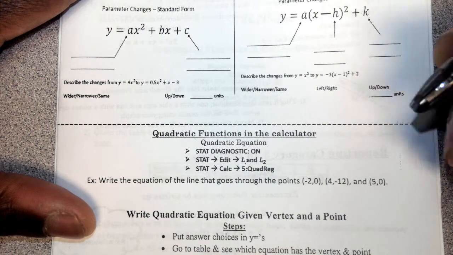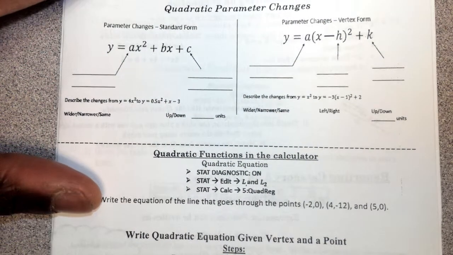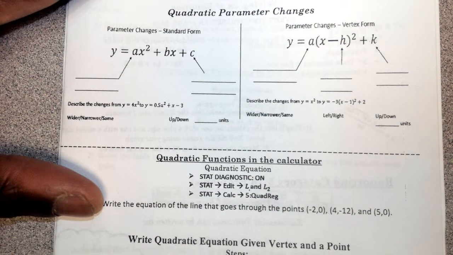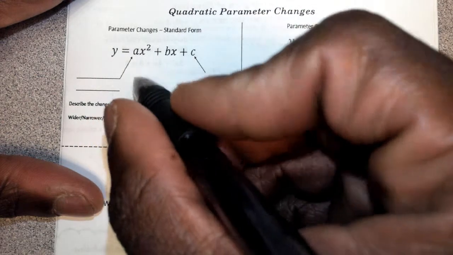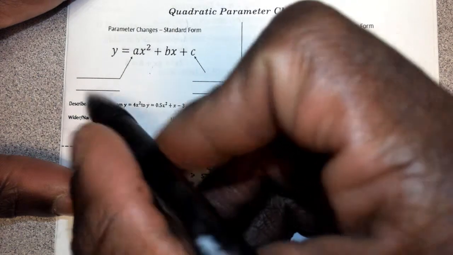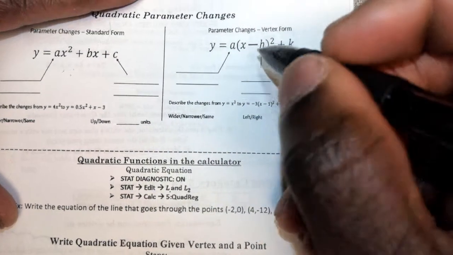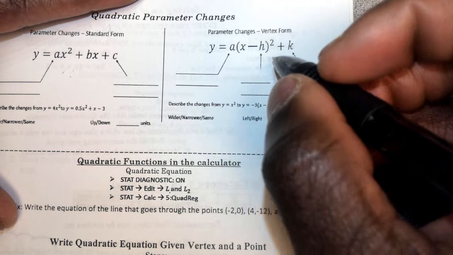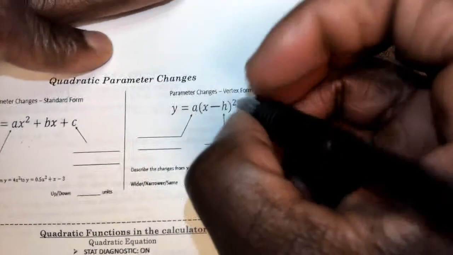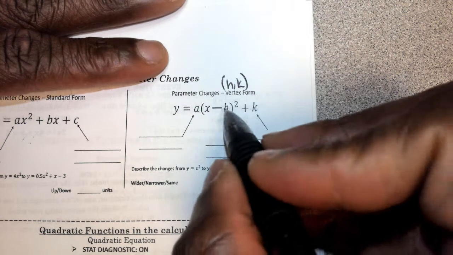So we have standard form. Standard form is just ax squared plus bx plus c. We didn't look at transformations from this form, but just know that this is standard form. The transformations we looked at came in vertex form, where your vertex was h, k.